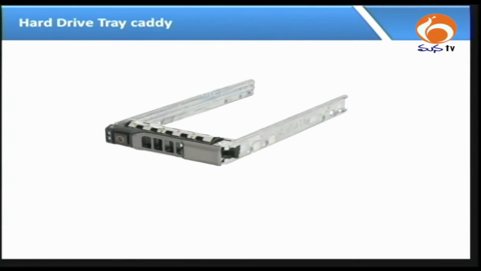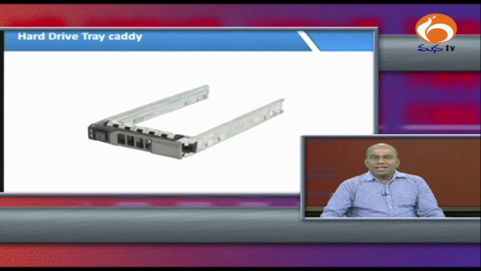In the same way, to connect two or more physical hard disk drives to a server, first we need to eject the carry tray. Once the carry tray is ejected, we put a compatible hard disk drive into the carry tray and insert it, and that inserted physical hard disk drive's storage capacity will be accessed by the server.